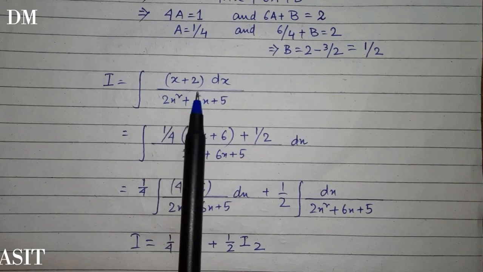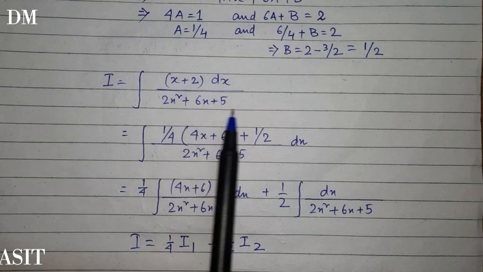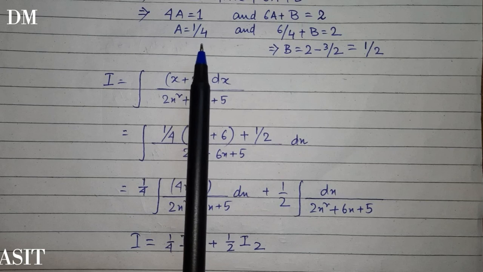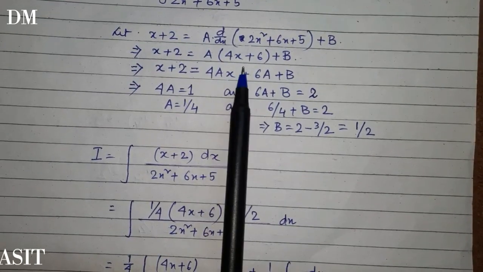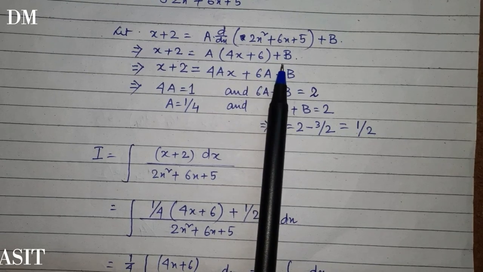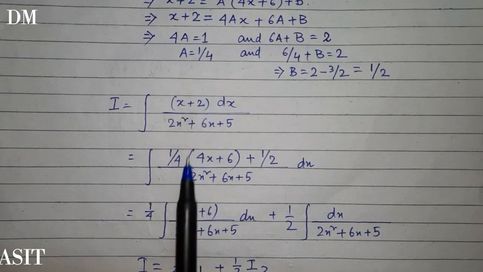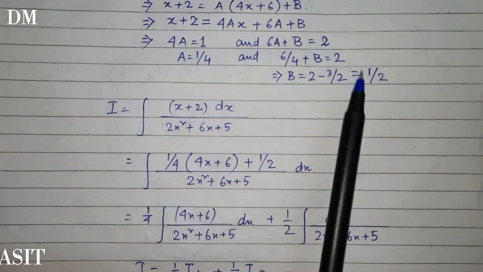This is the integral x plus 2 divided by 2x square plus 6x plus 5. So I have to replace, the format was a into 4x plus 6 plus b. So here also a is 1 by 4 into 4x plus 6 plus b is 1 by 2.